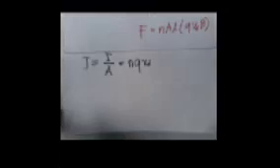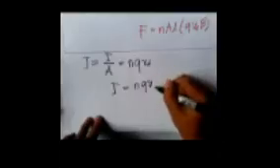So this is the general expression for the current density. The value of the current is equal to nqvd times A.